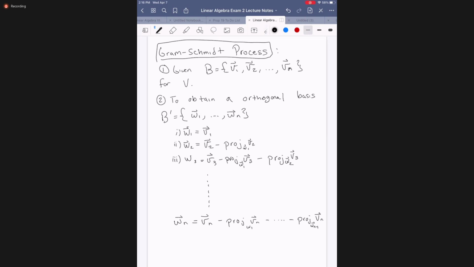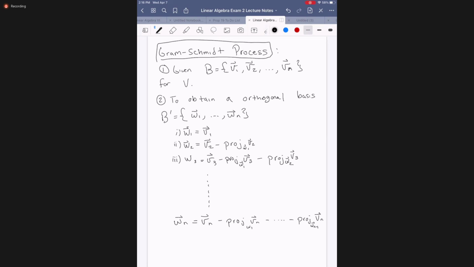Okay, so all of this is maybe super confusing. Maybe you don't even know what to do if I give you a basis. And you're right, it's probably way too much. But once you see an example or two worked out, it becomes very clear. But anyway, what does this process do?